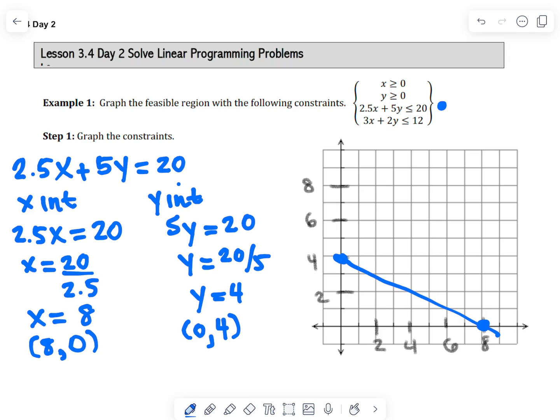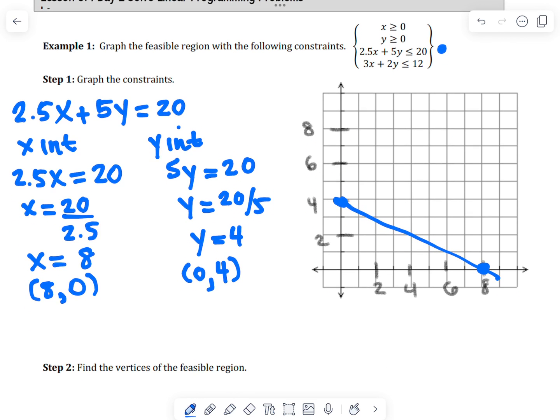Straight line. When we solve this linear inequality, it'll be a y less than or equal to. So when we shade it, it's going to be below that blue line.